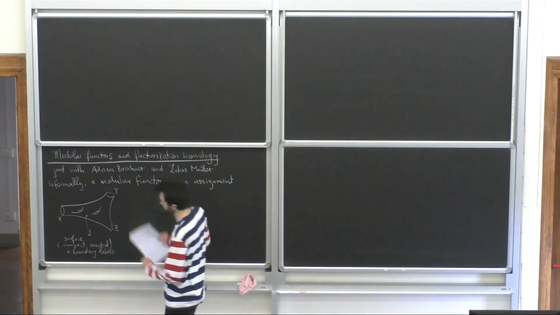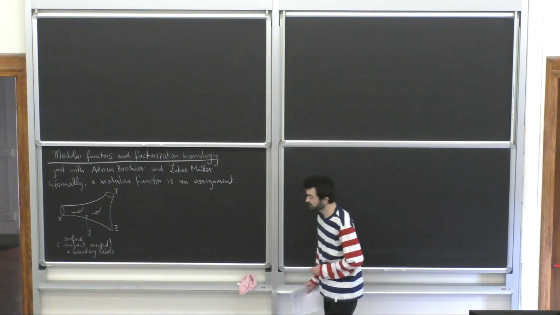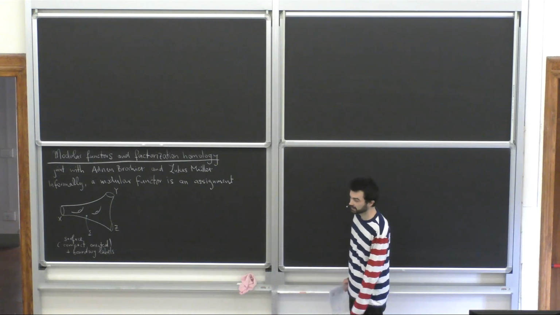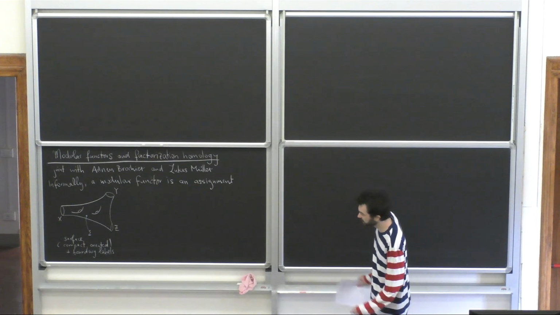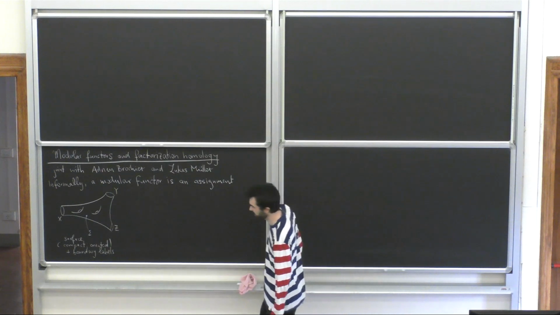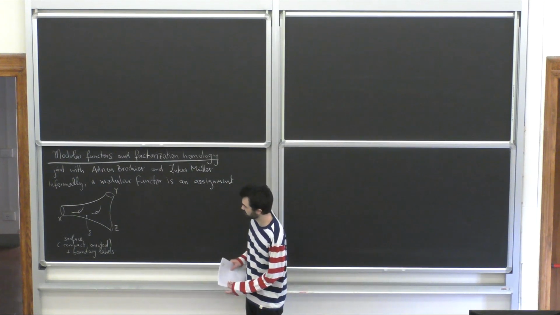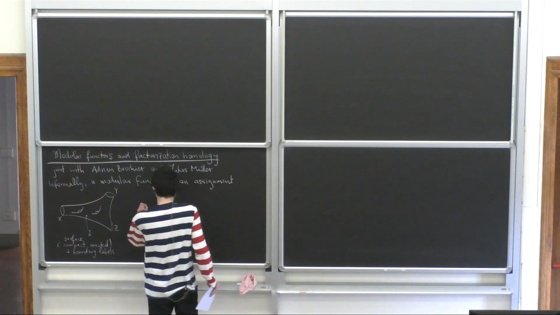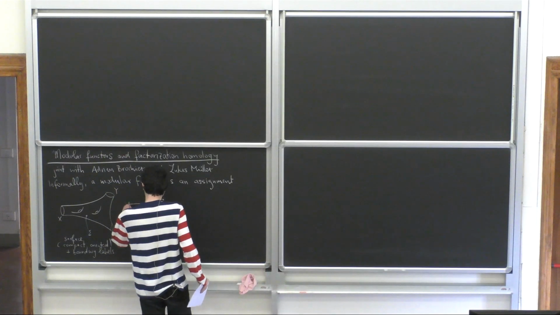For the moment, let's just think of these boundary labels as elements from some sort of label set that I have in mind. Thinking about this as a set will later on not be such a smart thing, but for the moment, let's do that. So what does this assignment actually assign?